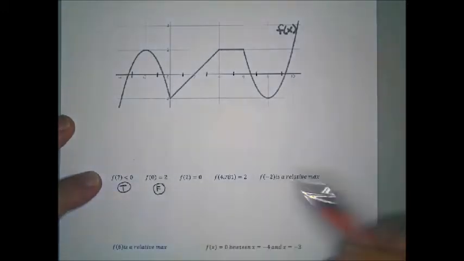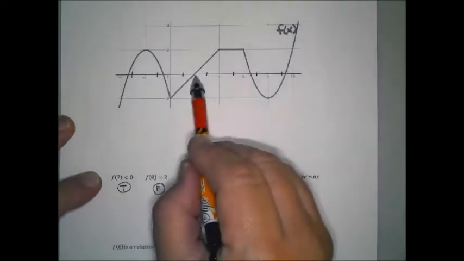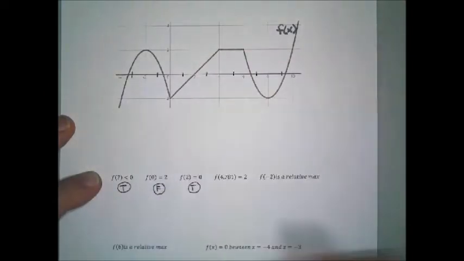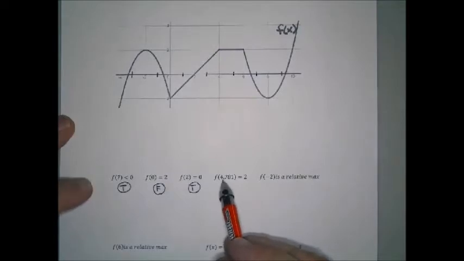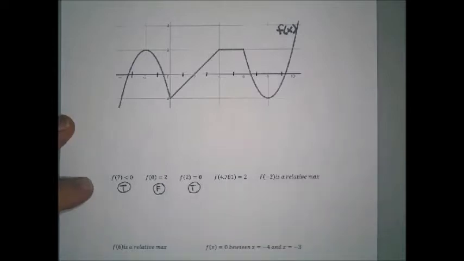F of 2 equals 0. On the function, at an x value of 2, is the answer, or the solution, 0? Is y equals 0 at x equals 2? And sure enough, it looks like it right there. Now, f of 4.781 equals 2. You might be thinking, how am I supposed to get that precise on a graph like this?